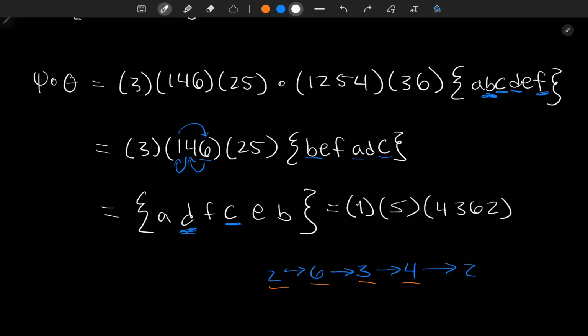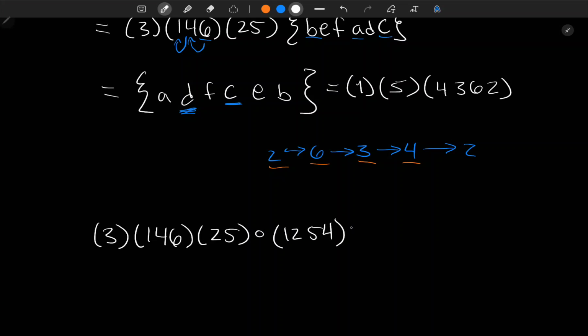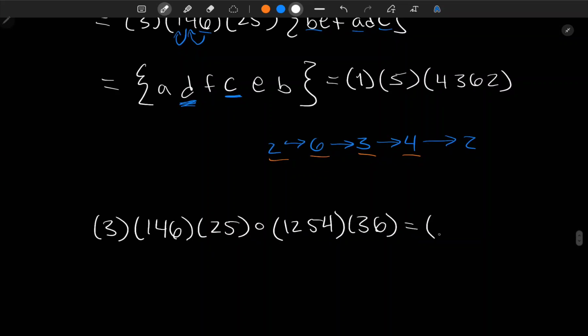So how do we know that (3 1 4)(6 2 5) composed with (1 2 5 4)(3 6) is equal to (1)(5)(4 3 6 2)?